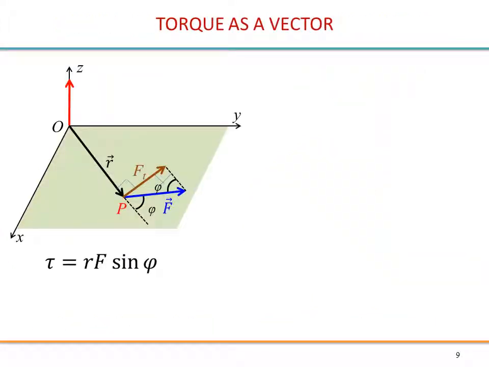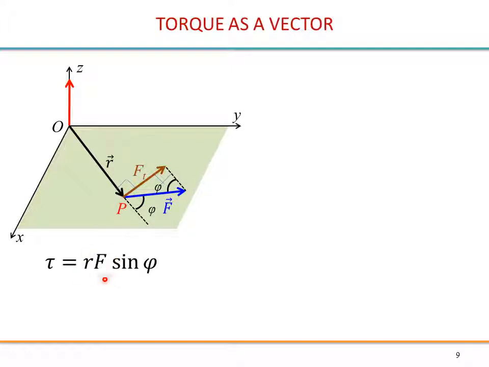Okay, so the torque is a vector. So what kind of vector is it? Let's look at the magnitude of the torque. So it's r F sine phi. This should trigger something in your brain, because you have here already written in black, r is a vector, can be considered a vector from O to P. F, the force, is a vector, it's in blue here.